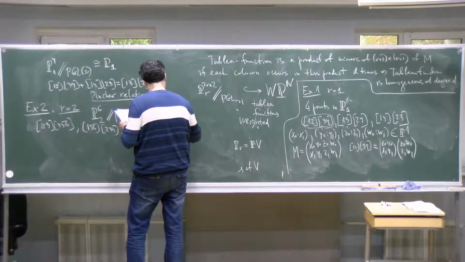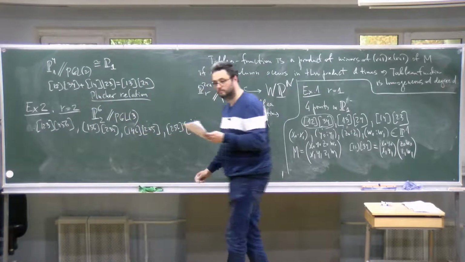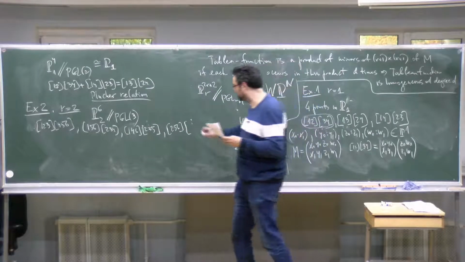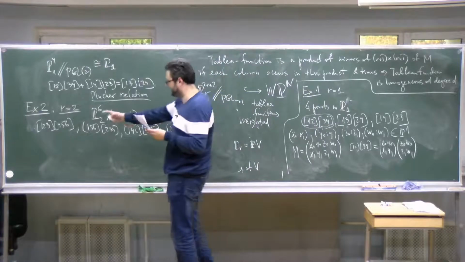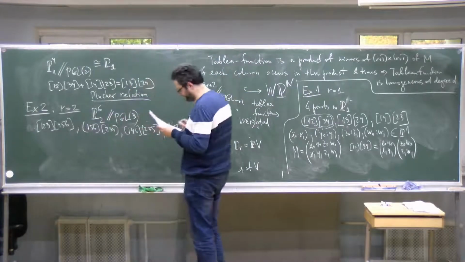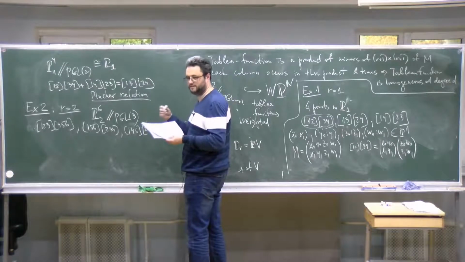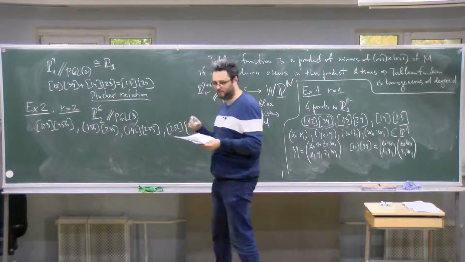But you consider only the tableau functions of degree 1, right? You consider only functions of degree 1 in the definition. Yes, it's of degree 1. But in this case, there will be of high degree.